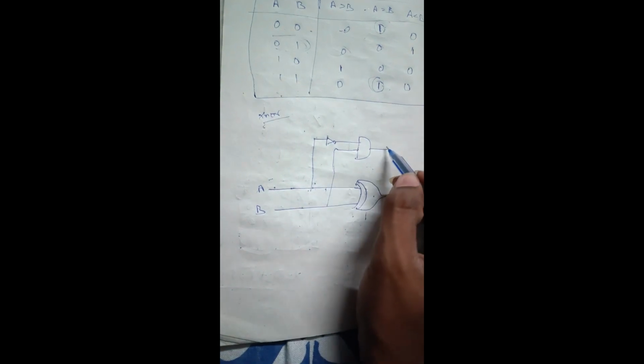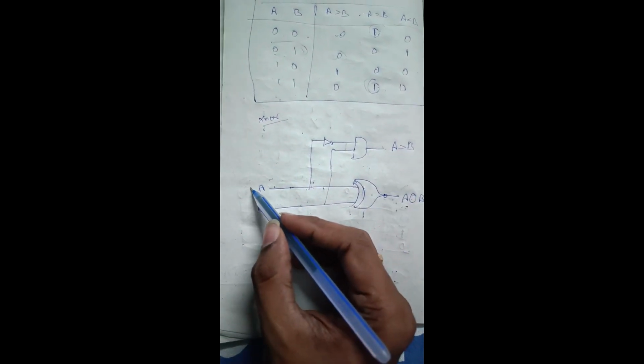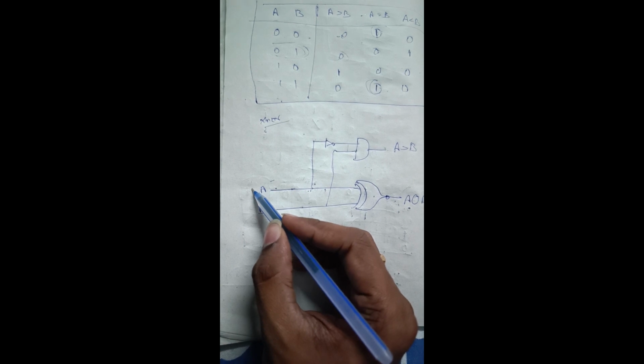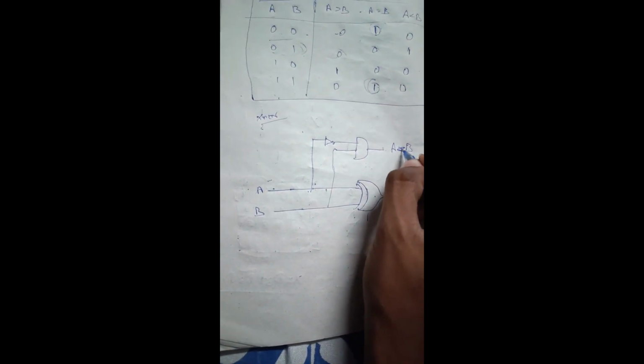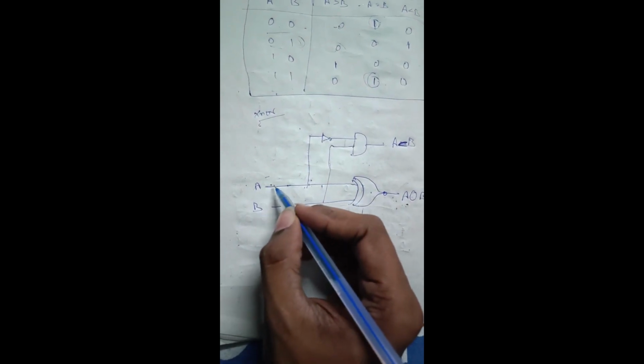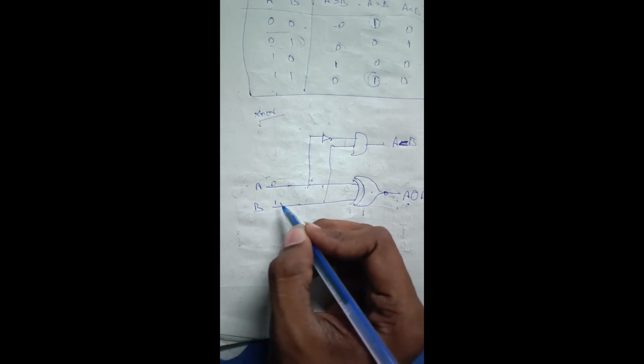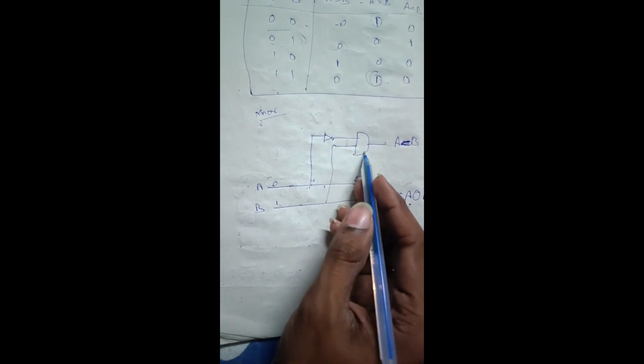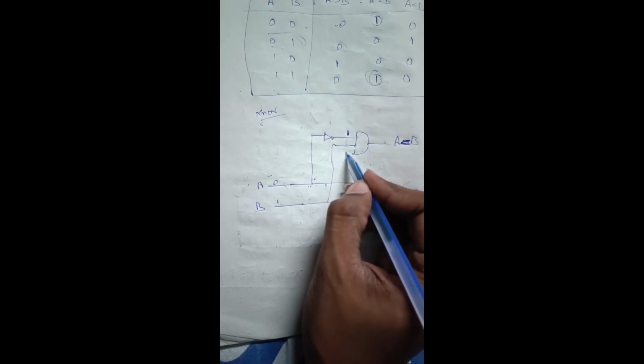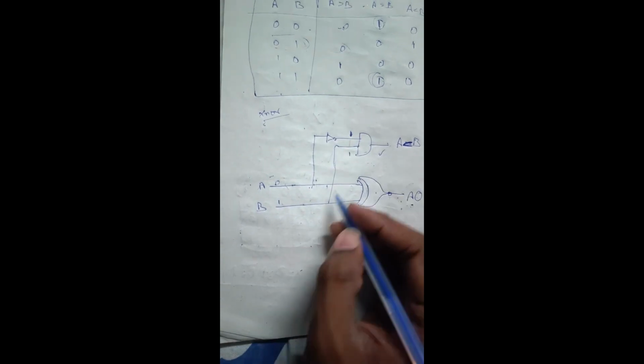Here you can observe this is nothing but A greater than B, and this is nothing but A less than B. If A is 0 and B is 1, then when we apply them to the AND gate, the 0 will become 1 through the NOT gate, and the other input is 1, so it will be activated.